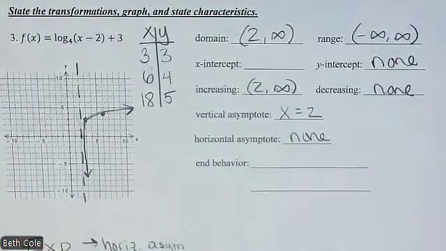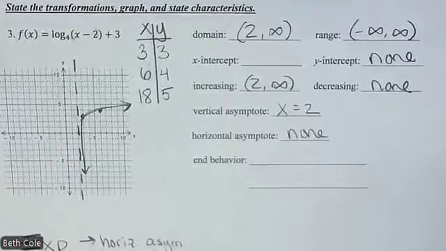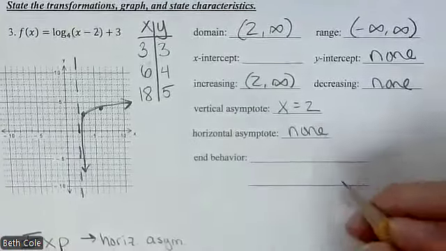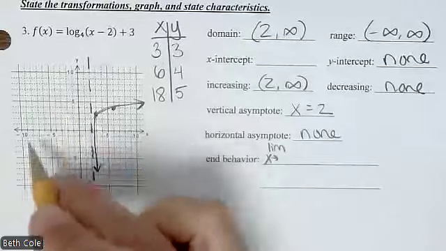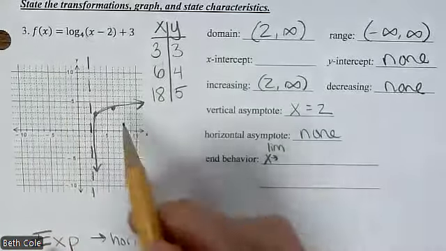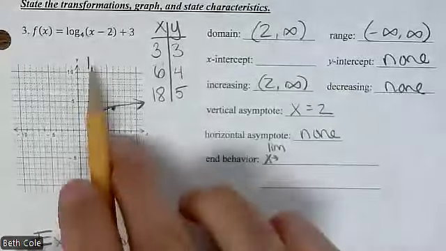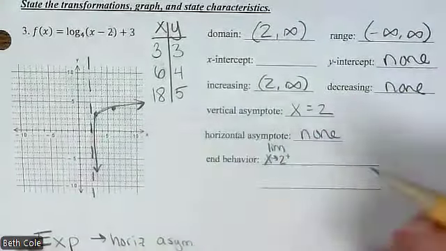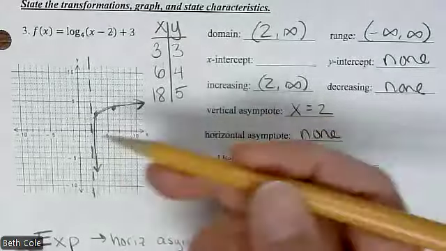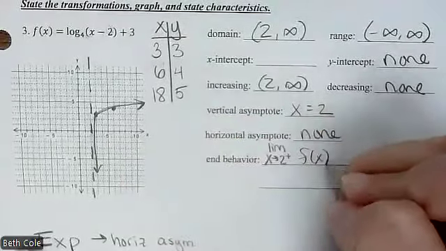And then let's go and get the end behavior. I'll come back to the x-intercept because we're going to have to actually do some work for that. Okay. End behavior. You can't go to negative infinity because the graph doesn't go over there. So it's going to be limit as x goes to where? 2 with a little plus sign to show you're going from the right, from the positive side, of f of x.